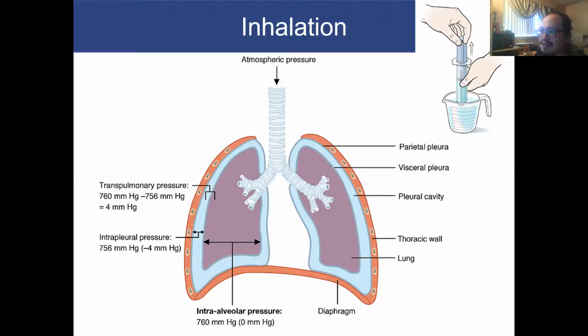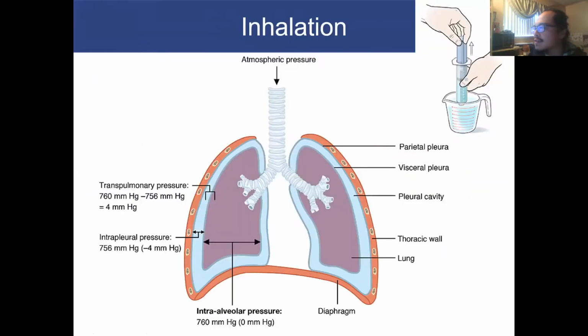You probably heard this in another lecture: the pleural space not only protects our lung, it also creates that negative pressure to suck the air into our lung. That's that.